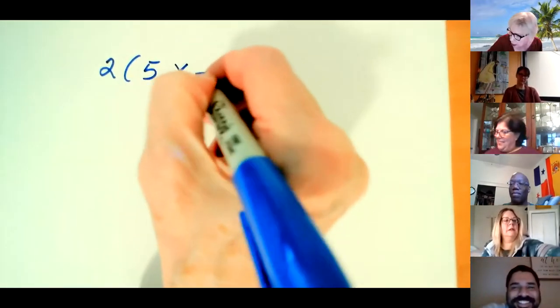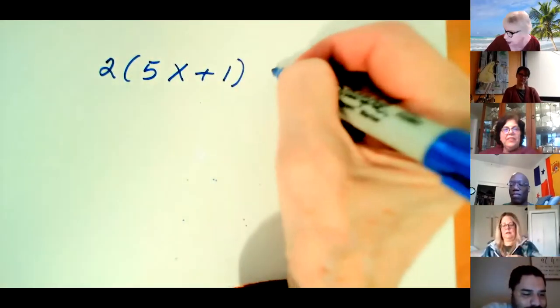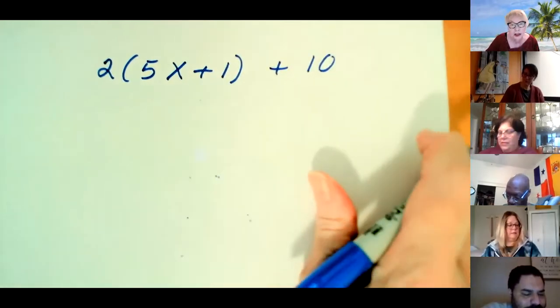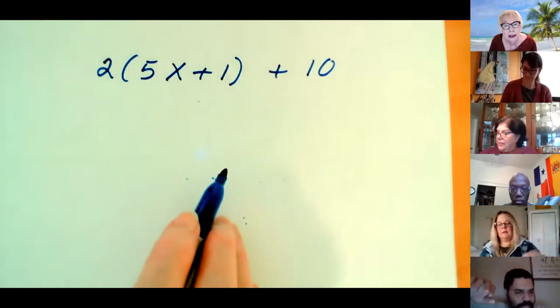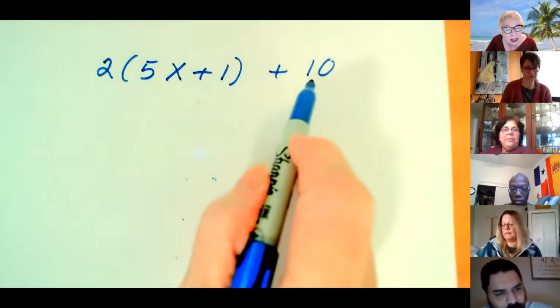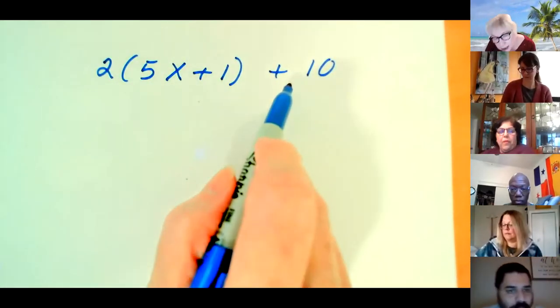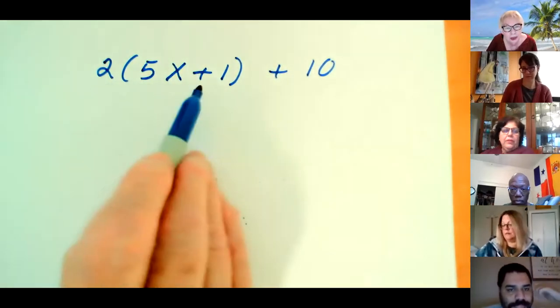Okay. So here's another one for us. 2 times 5x plus 1, plus 10. So the instructions would be simplify. And so the plus 10, we can't do anything with it until we deal with this.